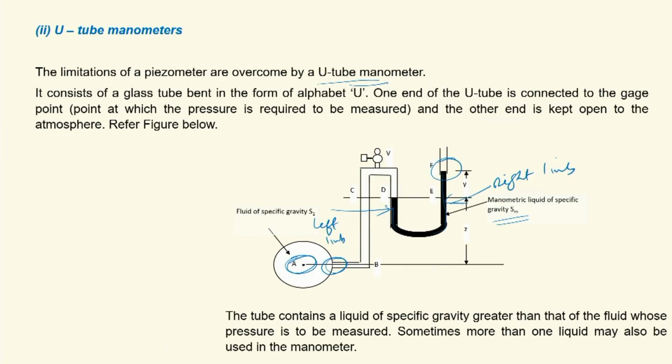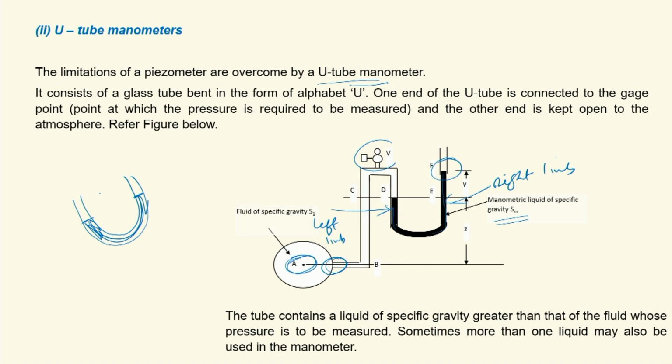Initially, in the U-tube, using this air relief valve, the air is released, and you have to keep the level of the manometric liquid in both limbs in the same horizontal plane.